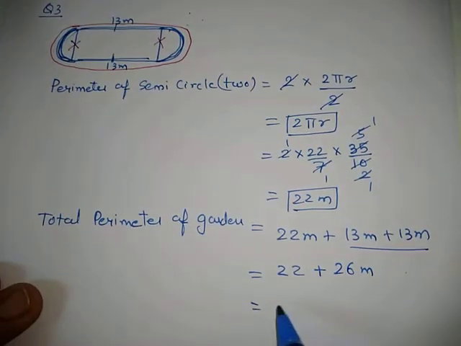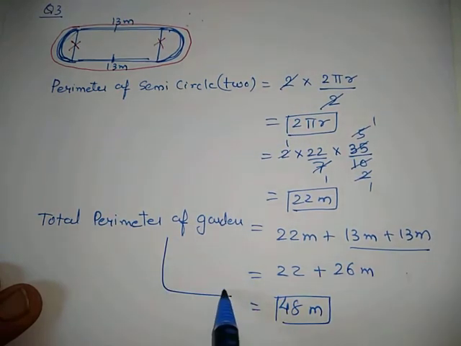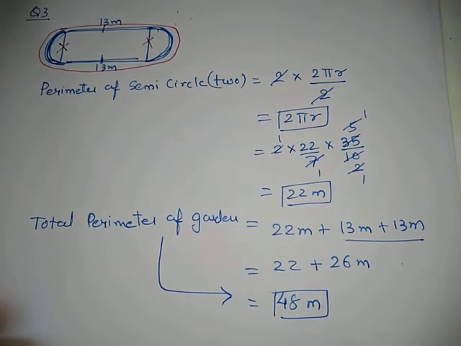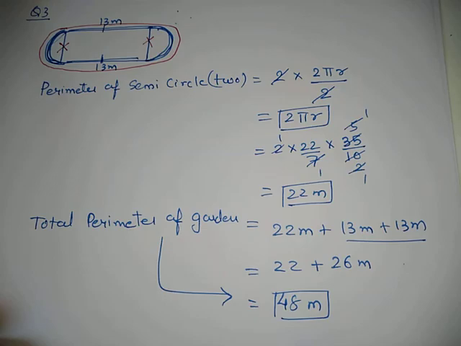So in all, 48 meters is the perimeter of the garden. Hope it is clear to everyone. These types of questions are lengthy but it's very easy to solve if we go step by step.